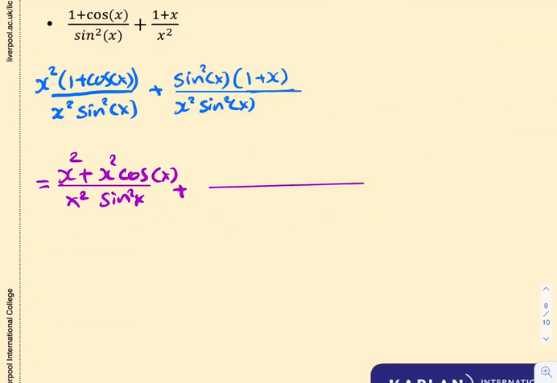Okay, so this is going to be sine squared x plus x sine squared x over x squared sine squared x. You don't have to do all this. This is too much detail.